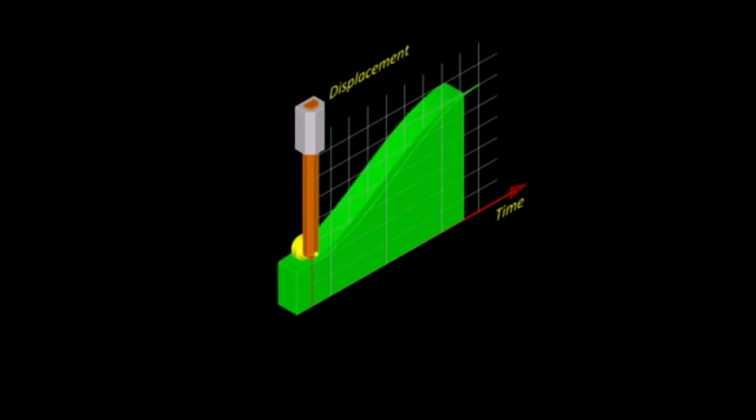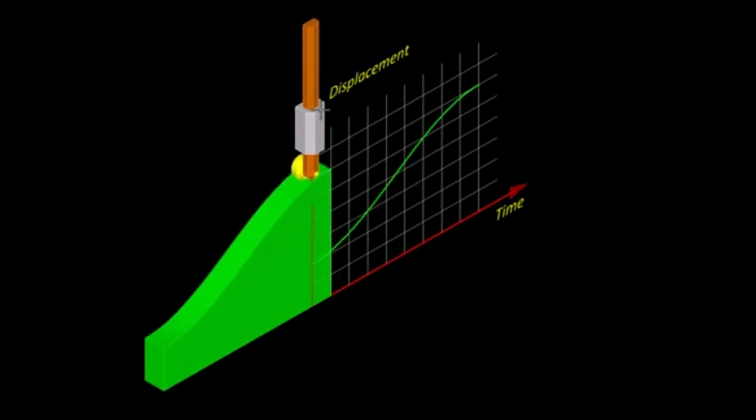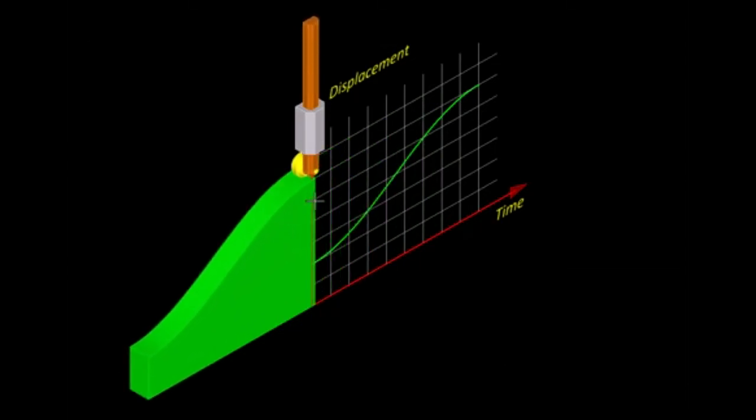Then the part which is to be moved according to this function is made to rest on this profile, and it is constrained with help of some support so that it moves only up and down in the y direction. Now if we set this plate into uniform motion along the x-axis, then the part which is resting on it will follow the displacement against time function that we are trying to achieve.